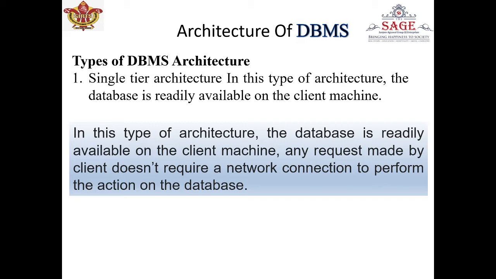So the request to fetch employee details will be made by your computer, and the records will be fetched from the database by your computer as well. Sometimes this type of system is generally referred to as a local database system.